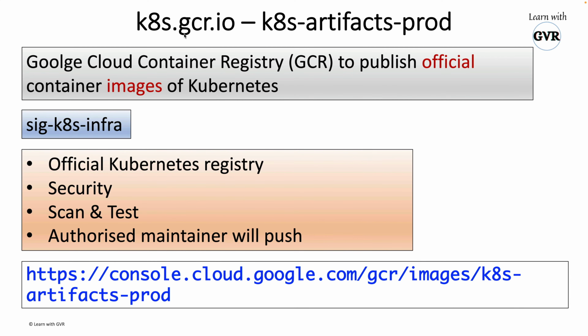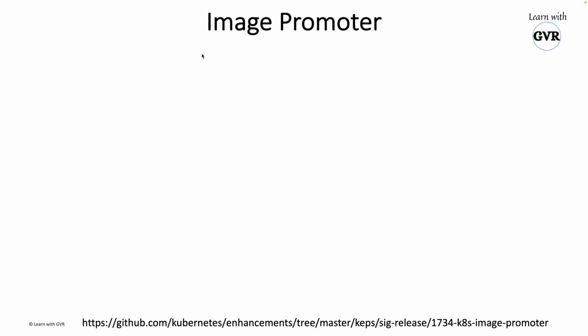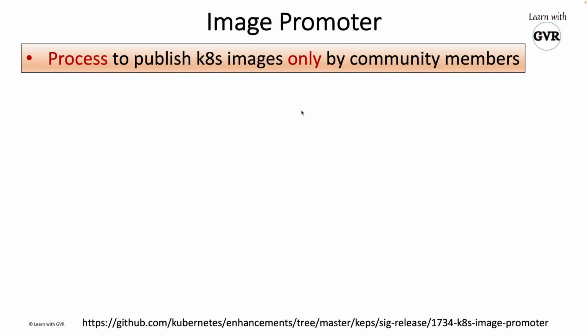In order to push to this registry, they use the image promoter process. The image promoter is a process where the registry's images are published only by community members, not by anyone else.